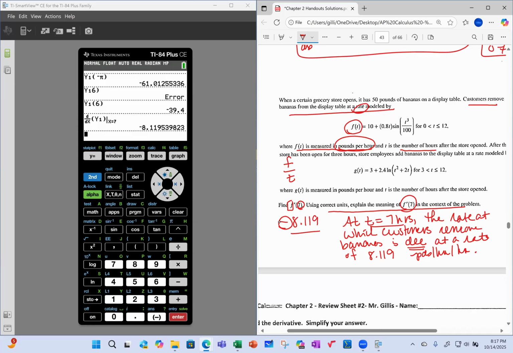If f had represented the amount of bananas that the customers removed, then it would read: at t equals 7 hours, the amount of bananas the customers removed is decreasing at a rate of 8.119 pounds per hour. Because f at t would have been measured in pounds with regards to time. And that closes that part out.